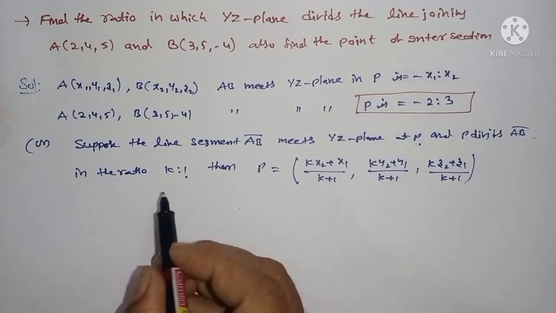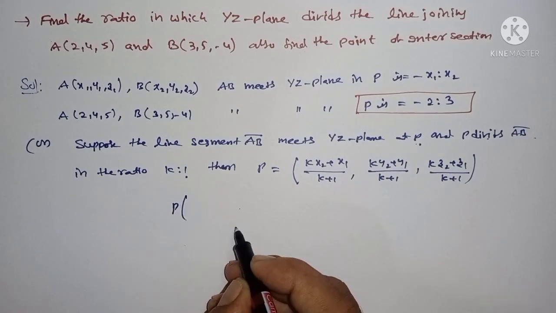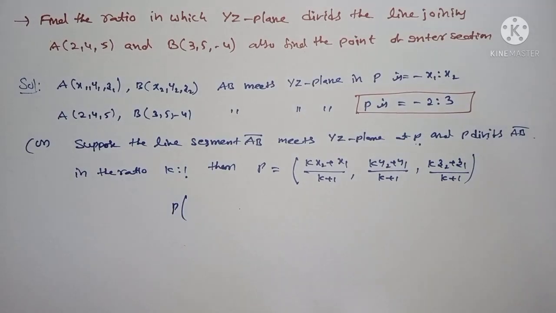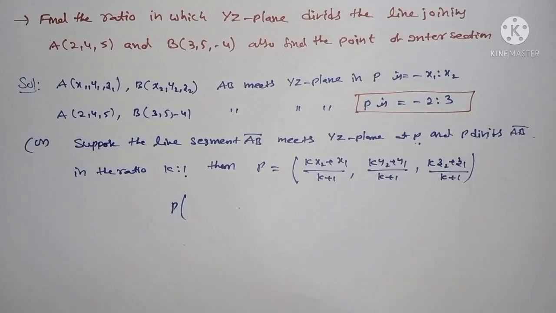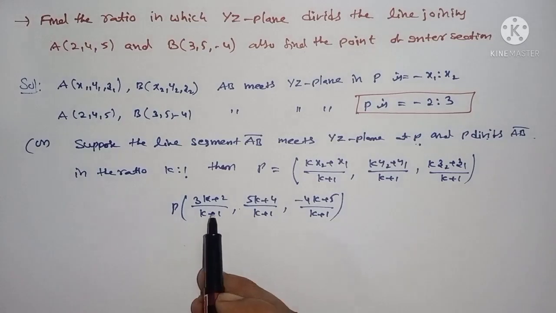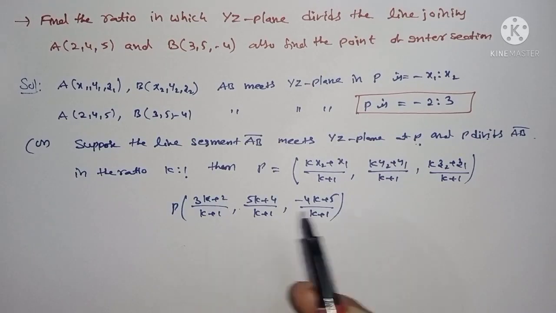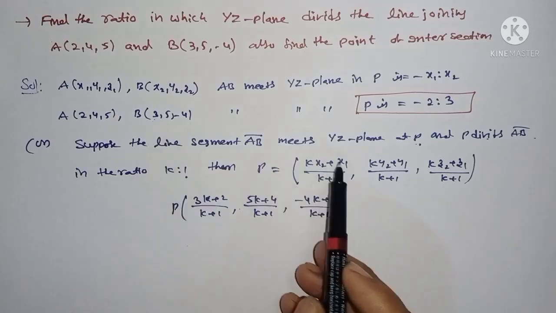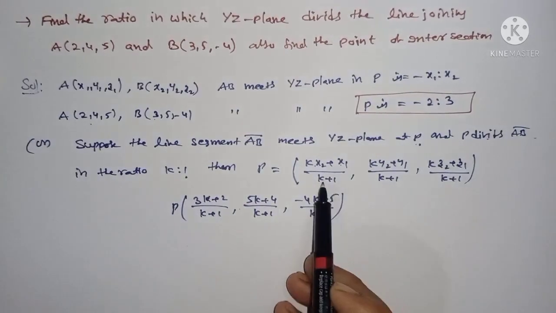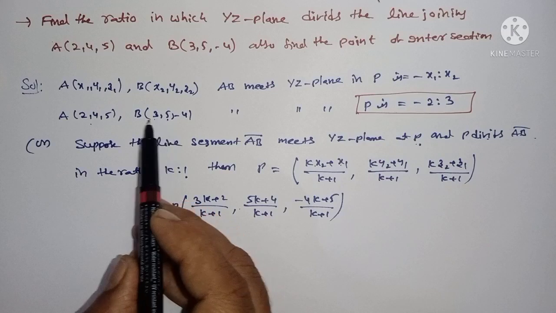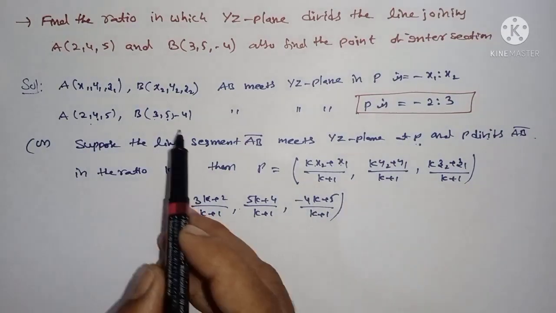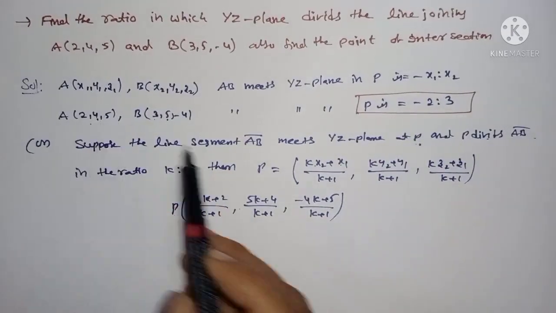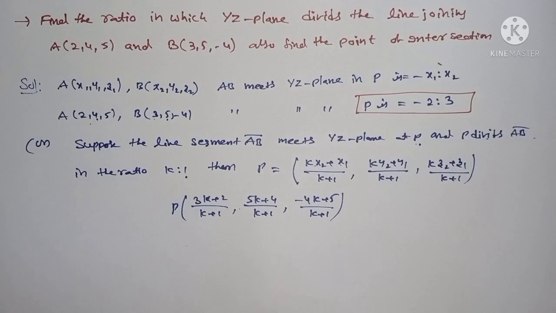Substituting the values, you get P as ((3k + 2)/(k + 1), (5k + 4)/(k + 1), (−4k + 5)/(k + 1)).